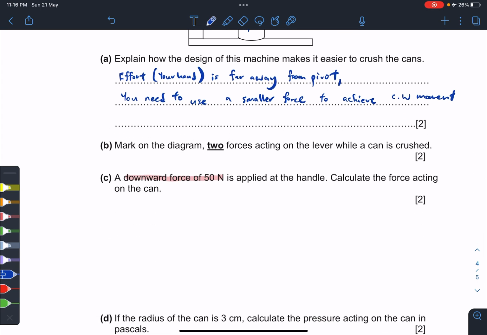The formula here will be 50 Newton times 0.5 equivalent to the force on the can times 0.2.